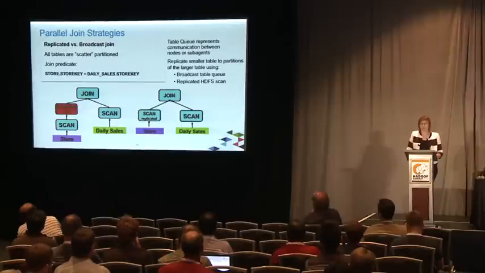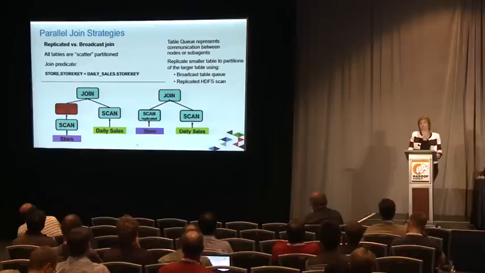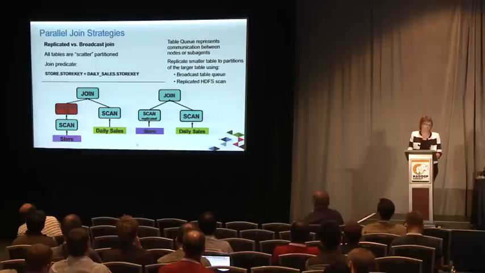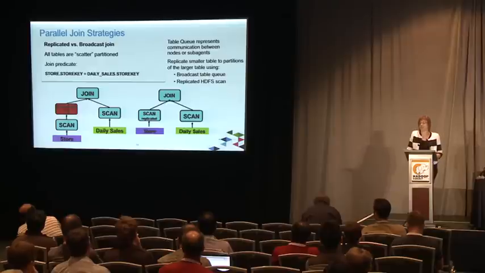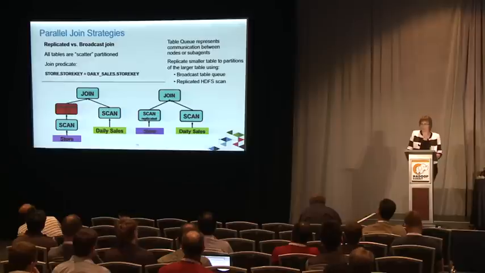One is to broadcast the store table through the engine to the others. Of course, you're going to be applying all the predicates as close to the data as possible, but you still broadcast the table through the Big SQL engine. On the right-hand side, we're taking advantage of the HDFS file system, and we are able to do that at the file system level. So as far as the database engine, what we are doing is reading a table, but the readers will actually access the data that is local to the node and remote as well.